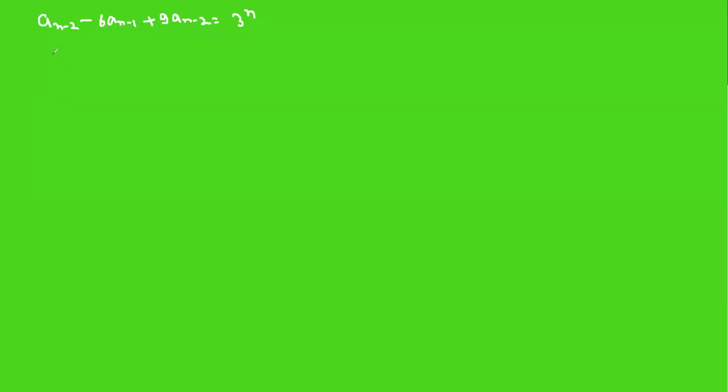Is equal to 3 raised to n. If you are doing in R term, then put right hand side is equal to 0 for auxiliary equation. Yes, 0, right? So here you are getting r minus 3 whole square.